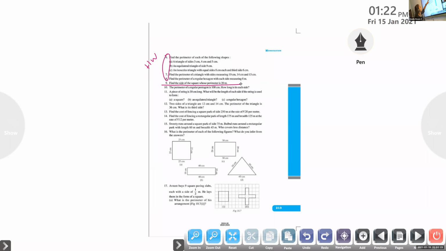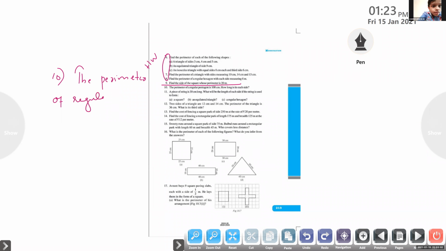It is not to find the perimeter, but we have to find its side. The perimeter is given, so it is a reverse type question. From the answer, you have to go to the question. Clear, children? You have to apply the formula and, from the answer, find one side.